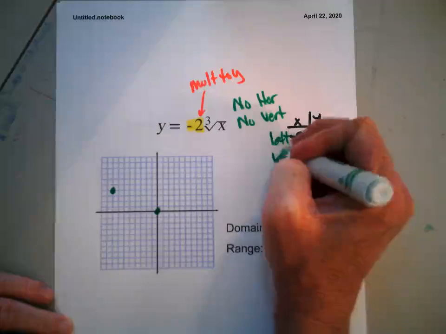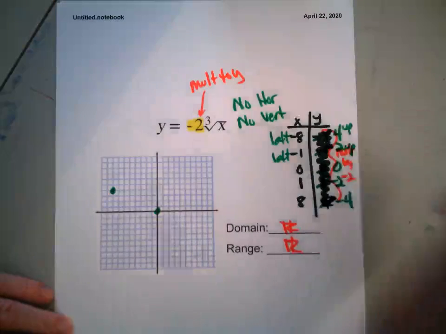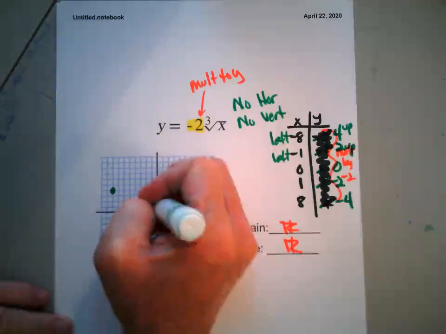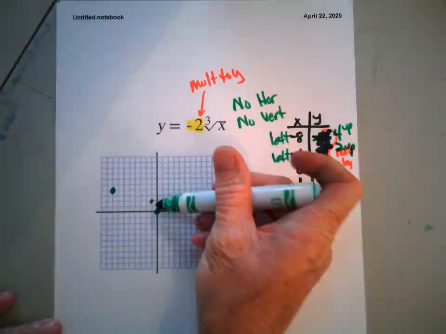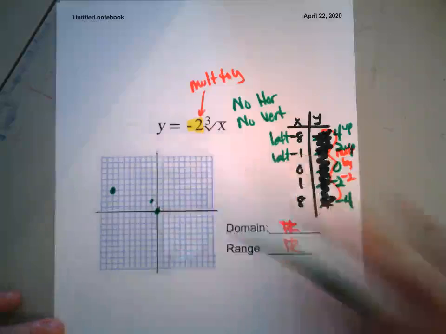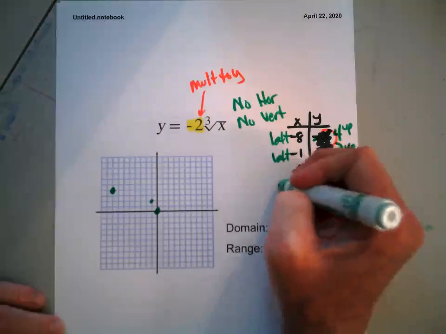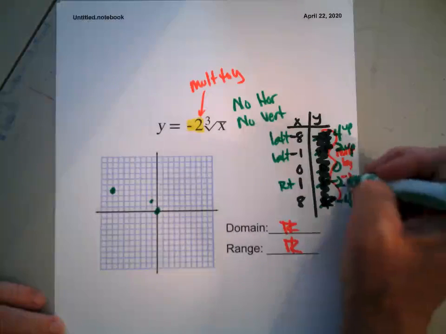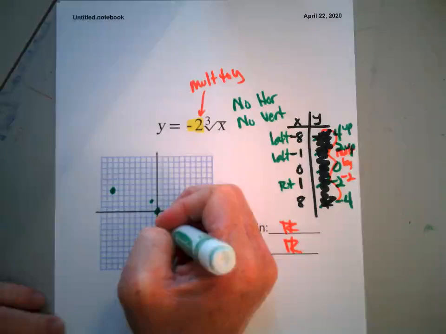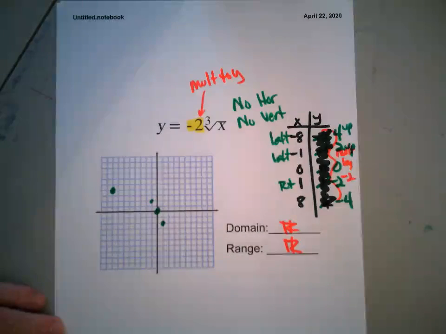Negative 1, it means left 1. We're going to go up 2. Left 1, up 2. So that's a little bit taller from what we're used to seeing. 0, 0 is the vertex. So we're going to go right 1, down 2, right 1, down 2.